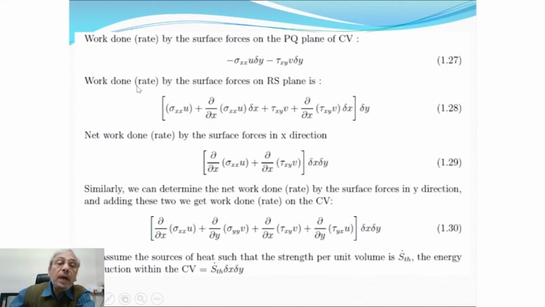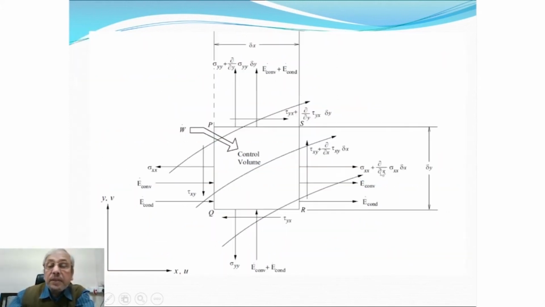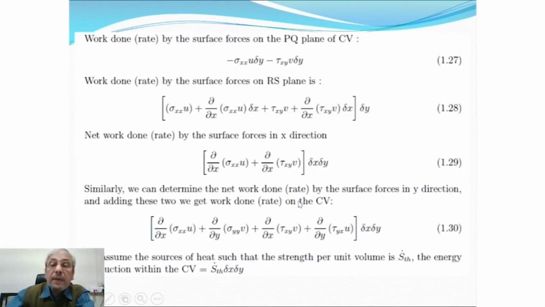So work done by the surface forces on RS plane: this is the normal stress on this surface and this is the shear stress on this surface. This normal stress into the u component of velocity on this surface, it is working. Shear stress into the v component of velocity on this surface, it is working.